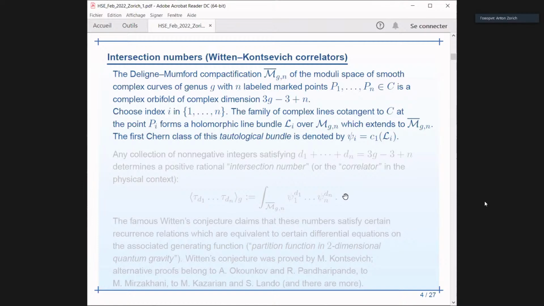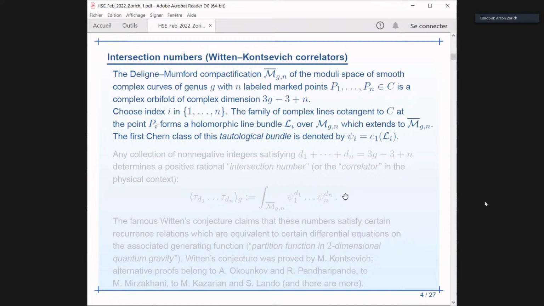The moduli space M_{g,n}, and its Deligne-Mumford compactification, has plenty of excellent, very interesting geometric structures. In particular, since we're considering complex curves of genus g with n distinct marked points, and these marked points are numbered, we can consider a tangent plane at the point number, say, 3.